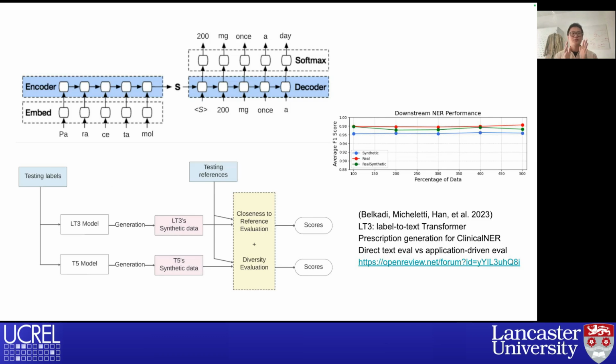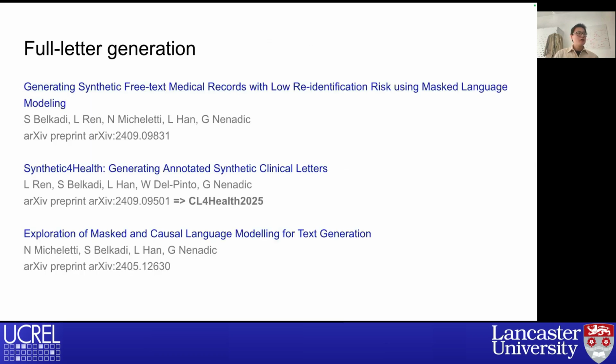So for this specific usage, the generated synthetic data is good enough for NLP purposes, but not for clinical soundness, which we mentioned in the discussion. And for full letter generation, we have one paper just accepted to CHIL for health.